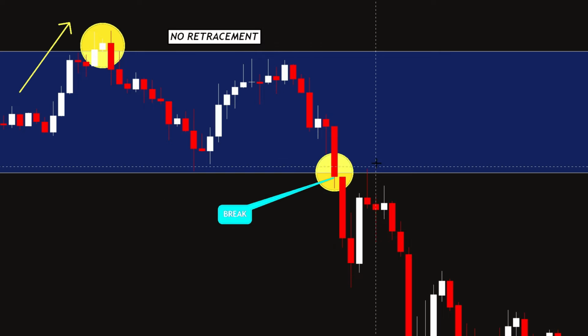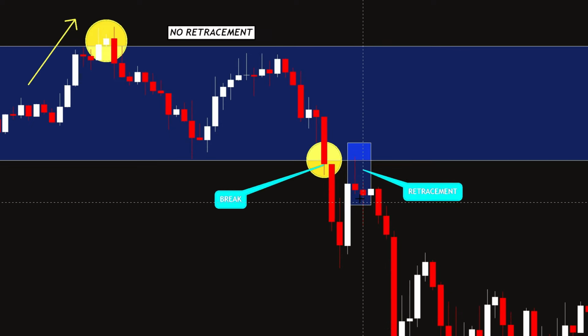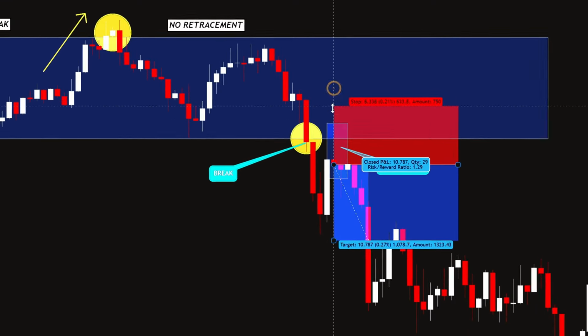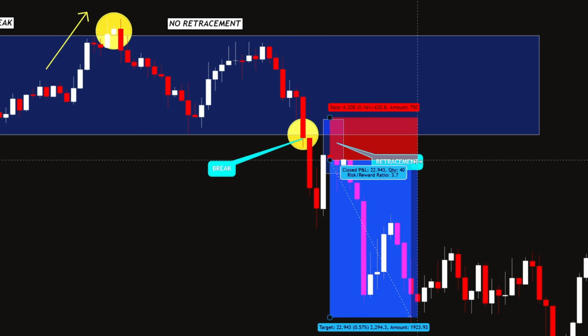Then it pulls back up, retests the same zone, and forms a clean rejection candle. That's our setup. Enter the sell trade at the candle close, stop loss just above it, and take profit near the previous range or a 1 to 2 or 1 to 3 risk to reward ratio.